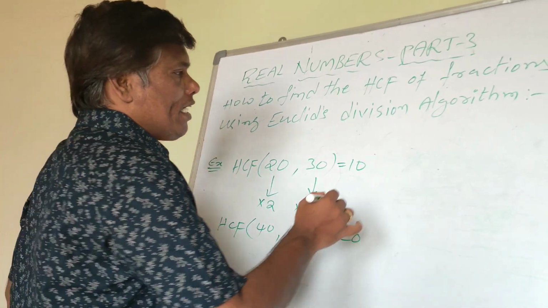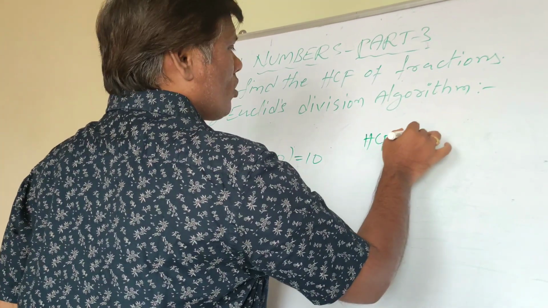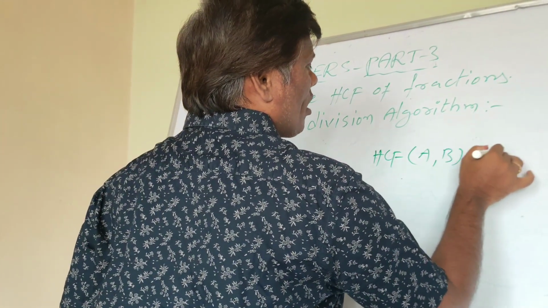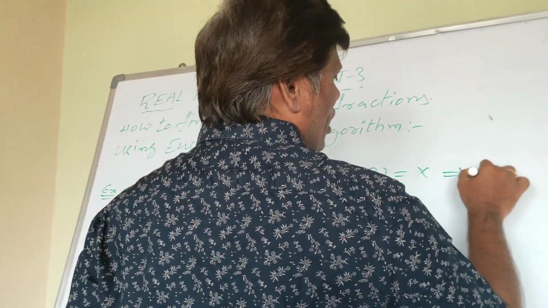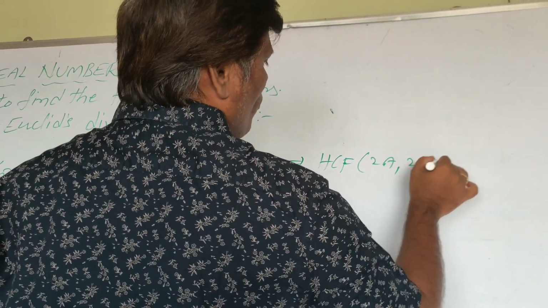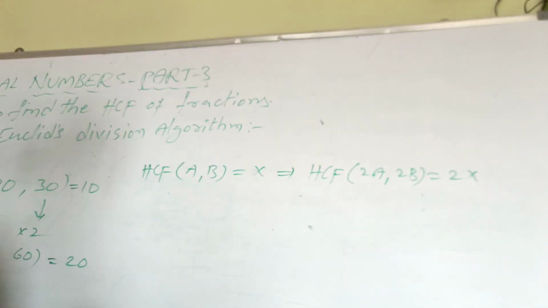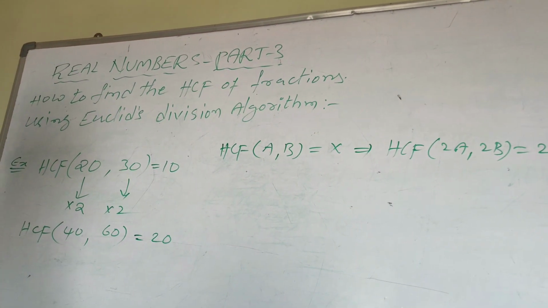So from this I can write one equation. What is that equation? Suppose these two numbers are a comma b. Suppose the HCF of a comma b is some x, then what will happen? If both the numbers are multiplied by 2, then the HCF also will be doubled. If HCF of a comma b is equal to x, then HCF of 2a comma 2b is equal to 2x.